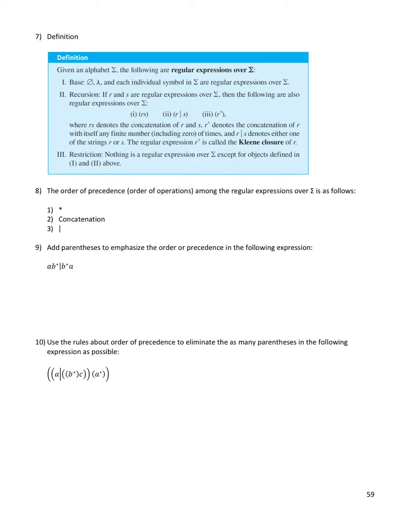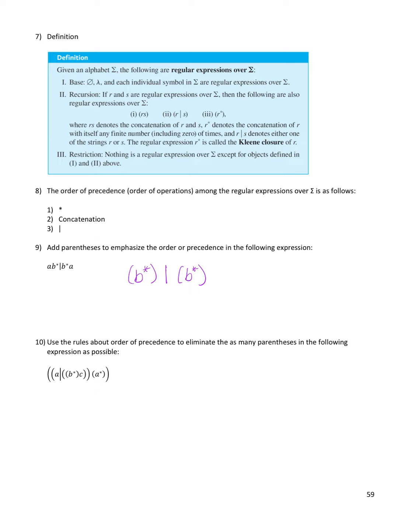The order of precedence says we start with the stars, or the closures. So I'm going to put parentheses around my stars here: B star in parentheses, and another parenthesis around this B star.